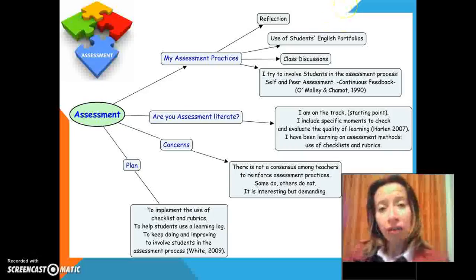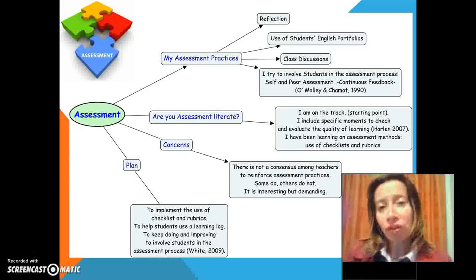At the beginning, I used them with all my students. I mean, if I were teaching in sixth grade or 10th, 11th, I invited students to use English portfolios, and I guide them through the process.